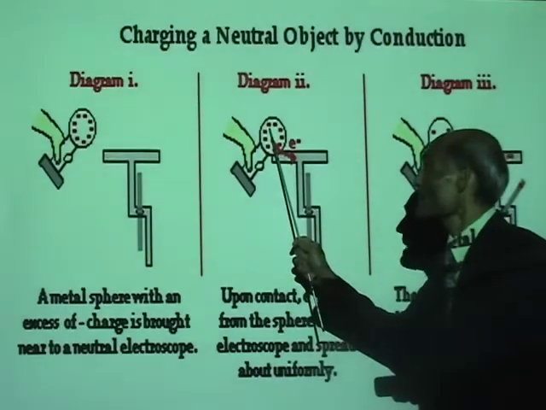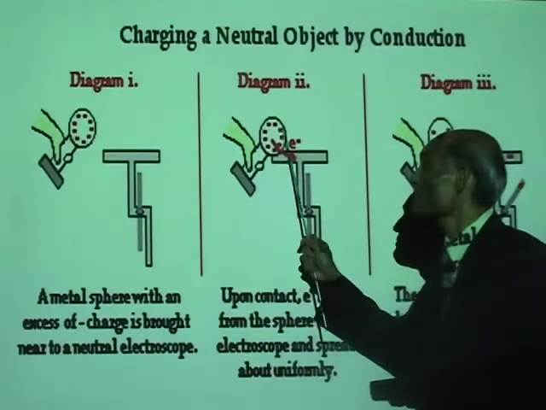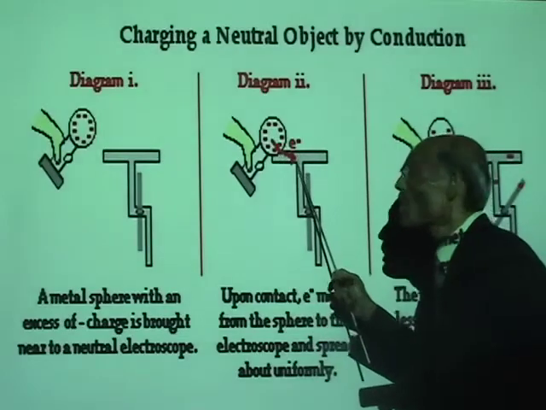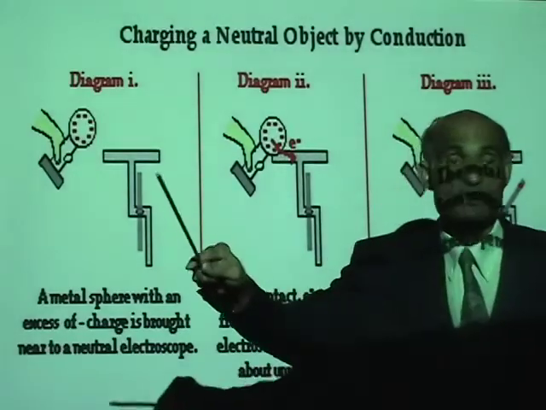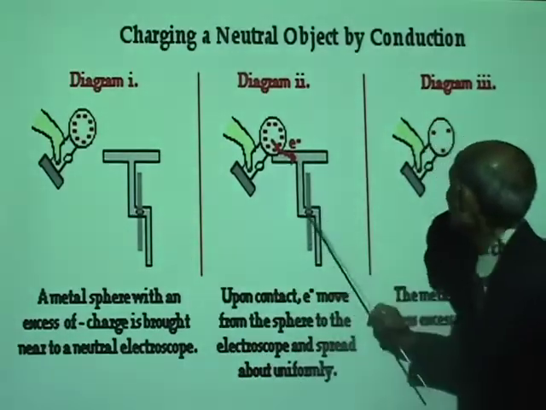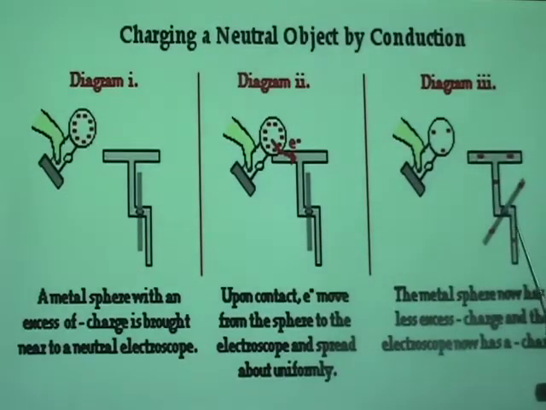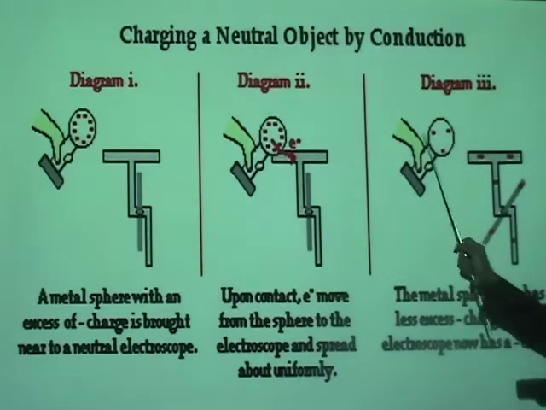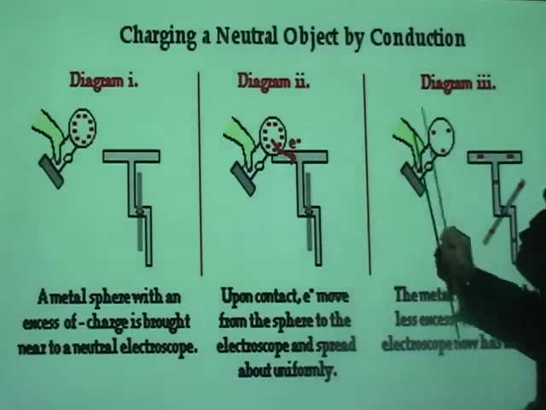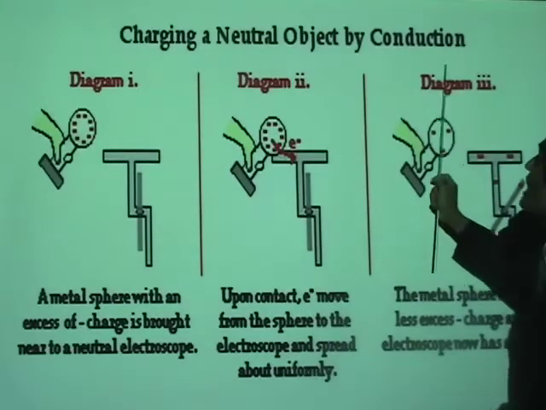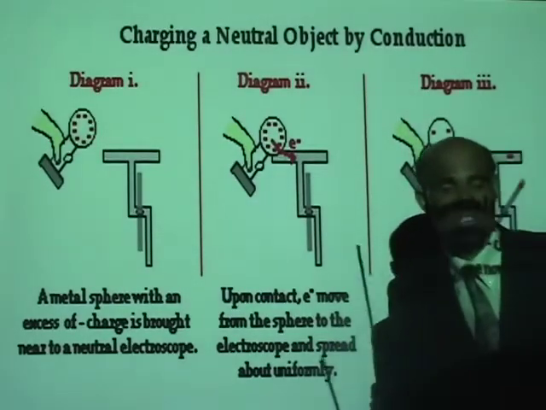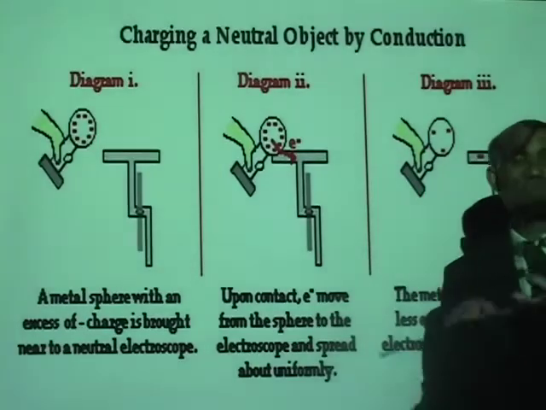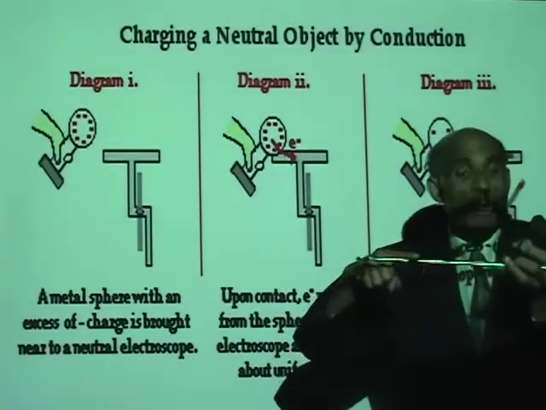What happens? Some of these excess charges from the charged object will flow into the electroscope, just like I showed you now. And the electroscope now has some excess charge. Now, this way of charging the electroscope is called charging by conduction. You see, conduction means by actual contact.